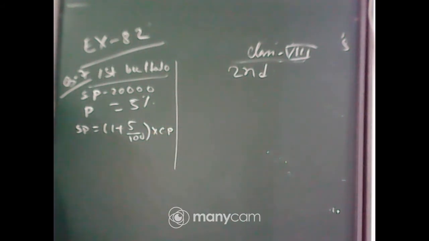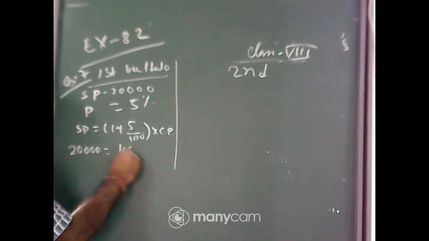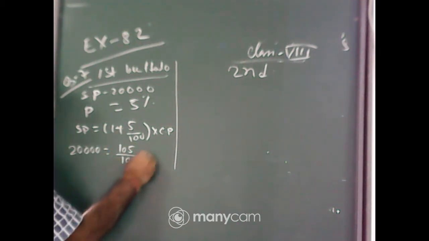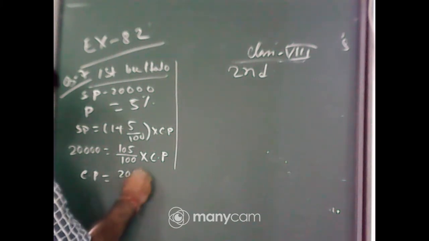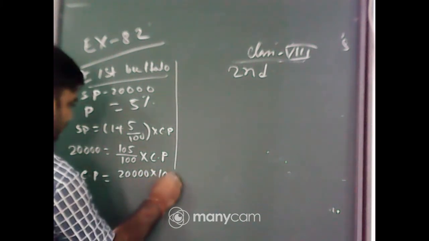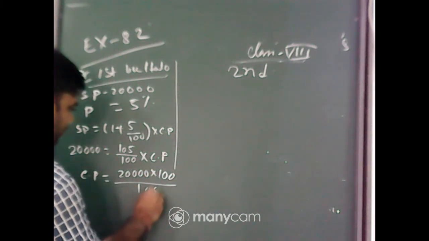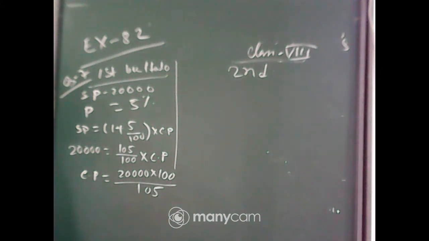We have SP and profit, so we need to find CP. SP equals 20,000, that is 105 by 100 into CP. So CP equals 20,000 into 100 by 105.